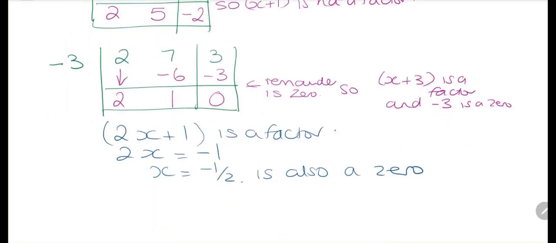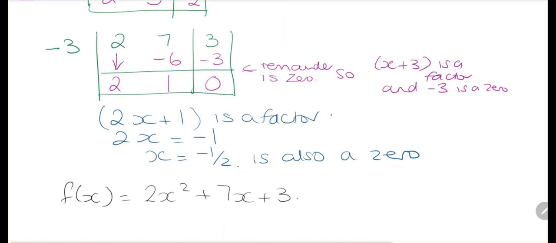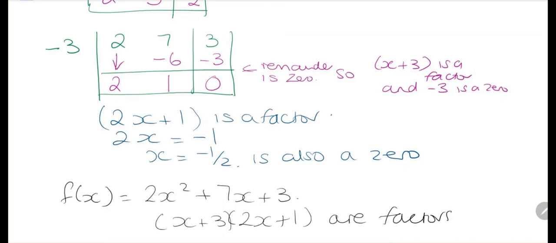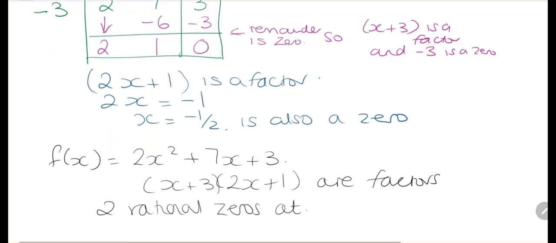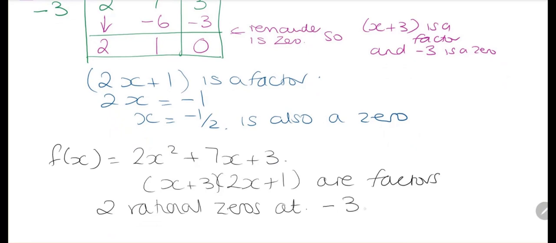So we know for the function f of x, 2x squared plus 7x plus 3, that x plus 3 and 2x plus 1 are factors, and we have 2 rational zeros at minus 3 and minus a half.